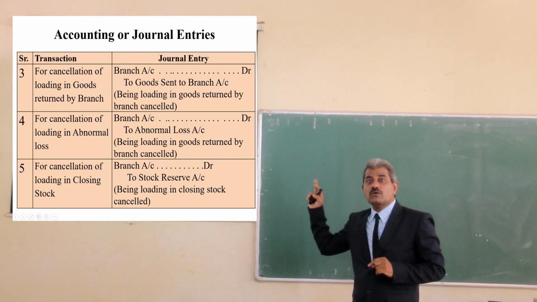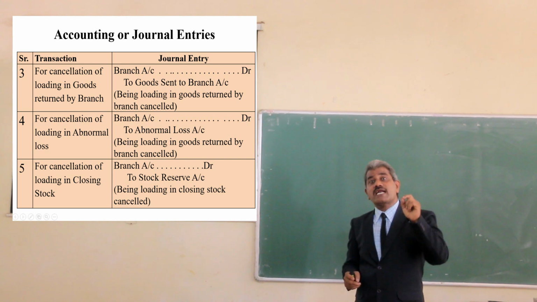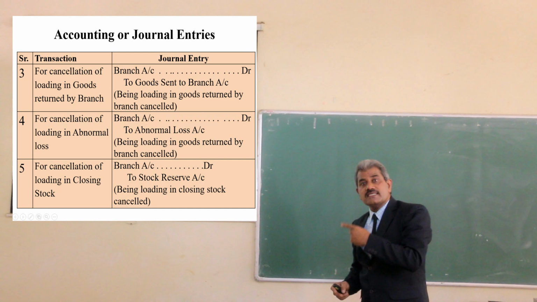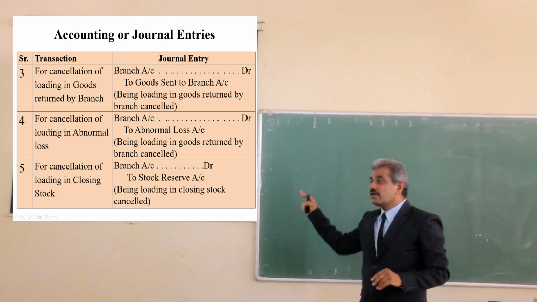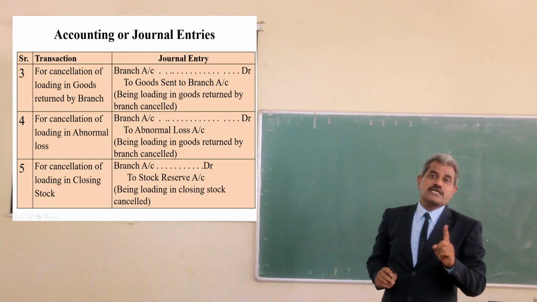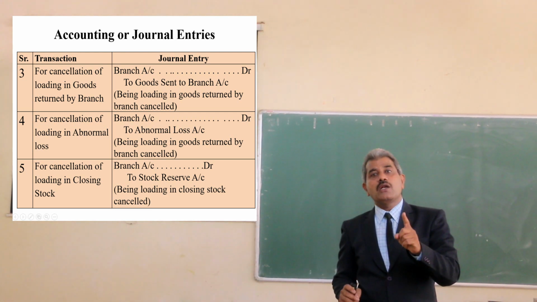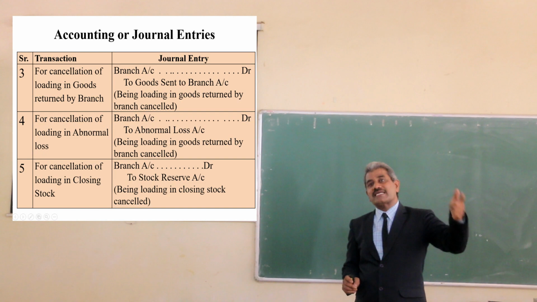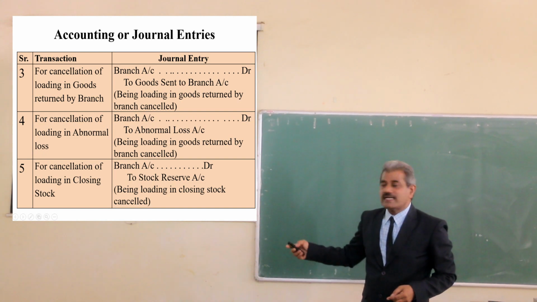Then you have to take into consideration the items which are not to be recorded specifically, but the closing balances are adjusted. And third is journal entries for cancellation of loading, and this arises only when the goods are sent to the branch at invoice price.